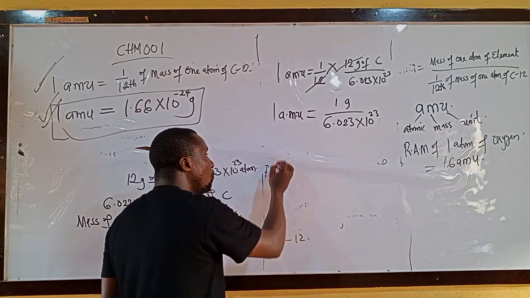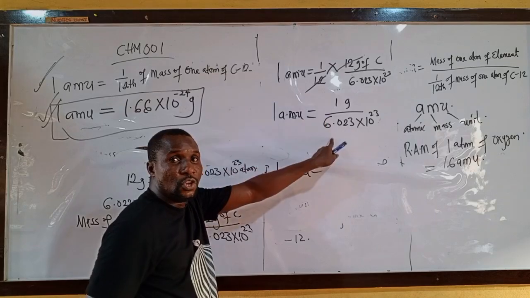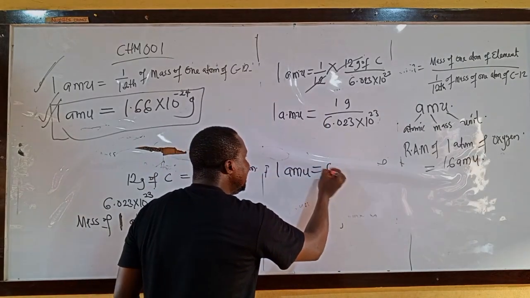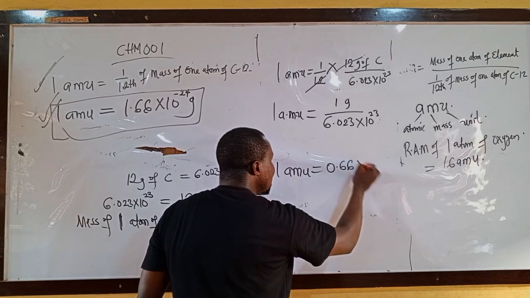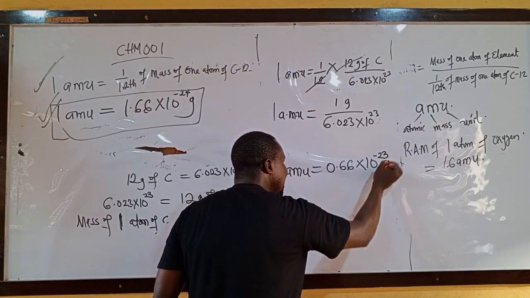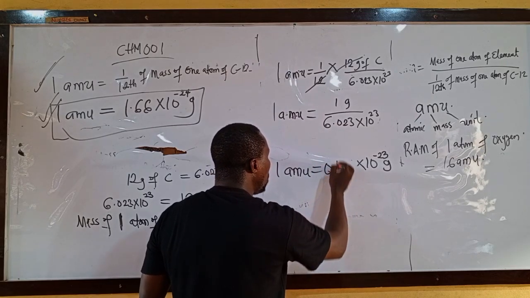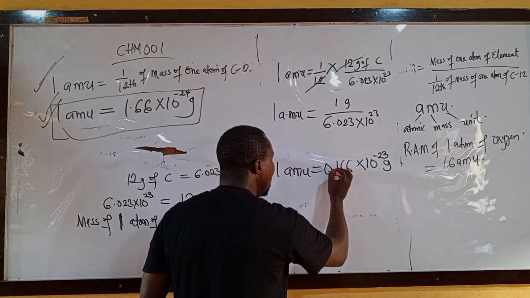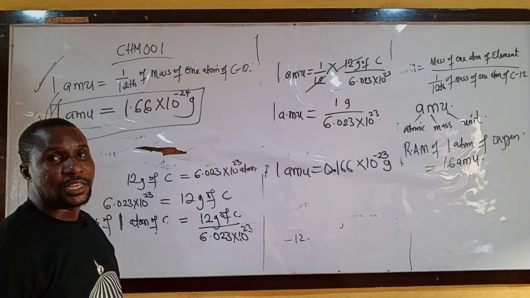Then from here, if you do your division, we have one atomic mass unit equal to 0.166 times 10 raised to the power minus 23 grams.